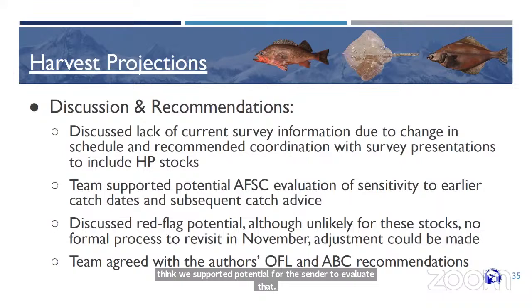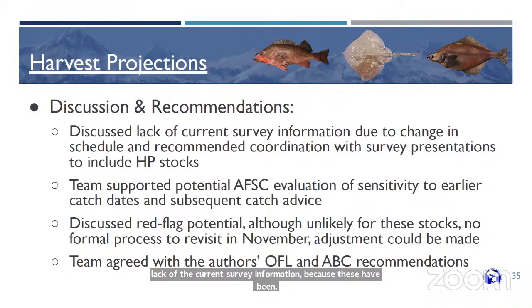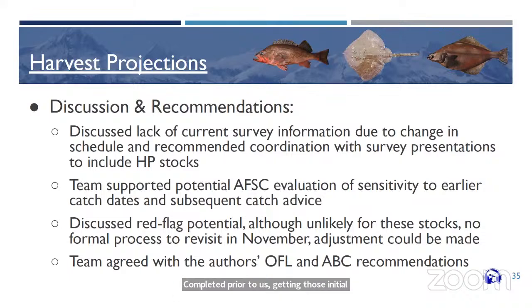And we also talked about the lack of the current survey information because these have been completed prior to us getting those initial estimates. We got them in the plan team actually, and since they're coming in following us posting the documents, we thought to have a recommendation for those who are doing the harvest projections to at least coordinate with the survey folks so that the most recent survey, if there was one, could be presented.